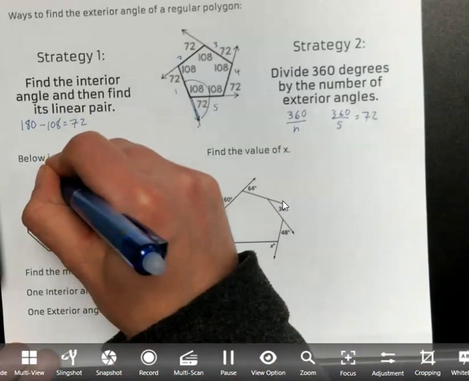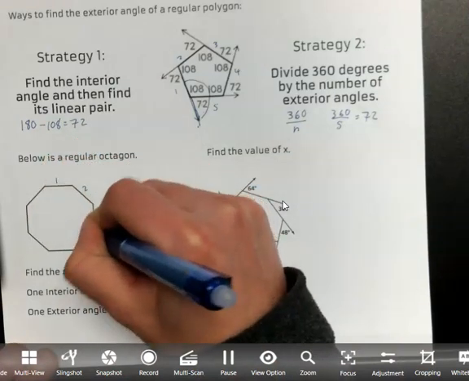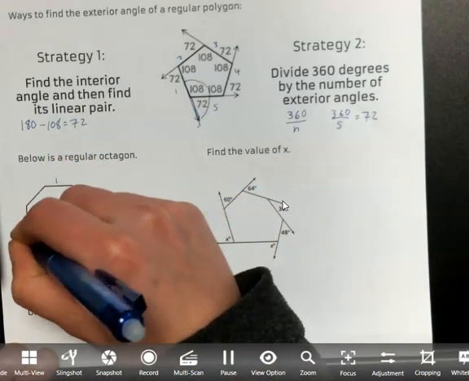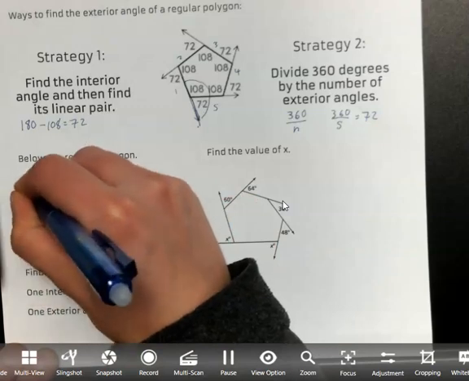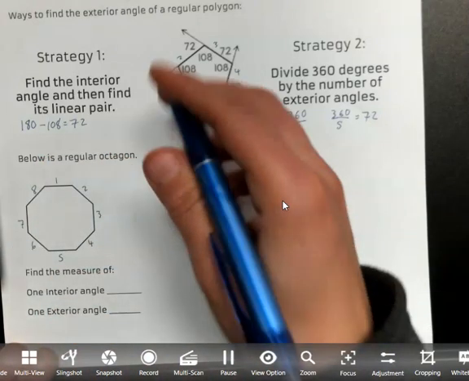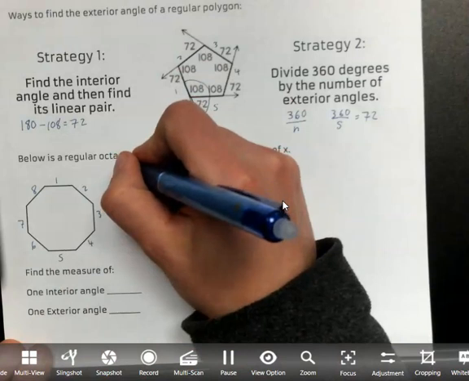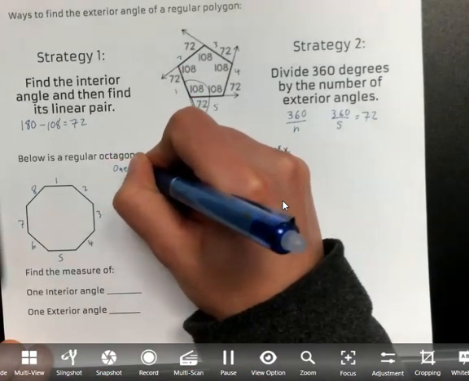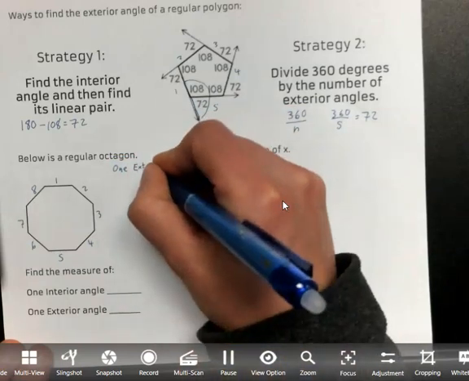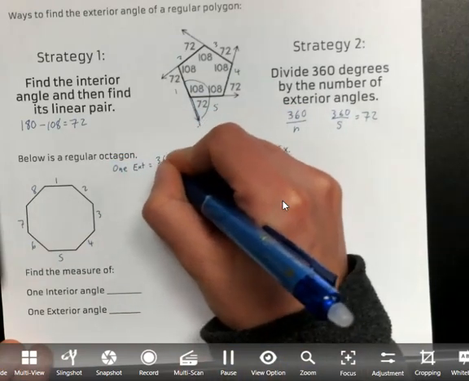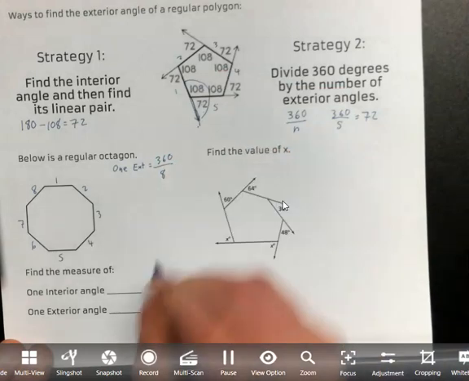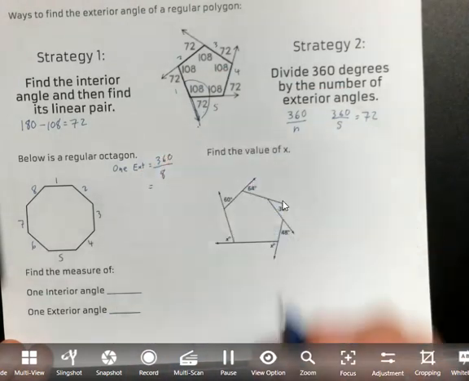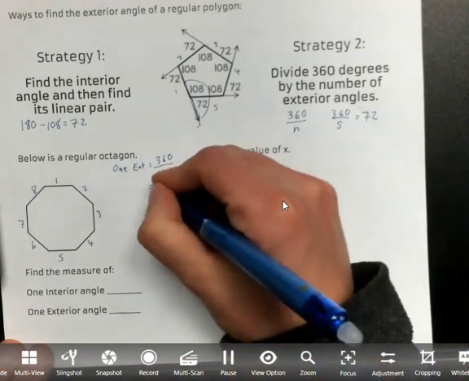All right, now let's try to solve for one exterior angle using this. How many sides do we have over here? 1, 2, 3, 4, 5, 6, 7, 8. We have 8 sides. So for one exterior angle, I would say 360 divided by 8, which is equal to 45.